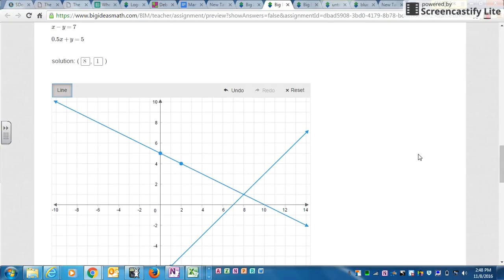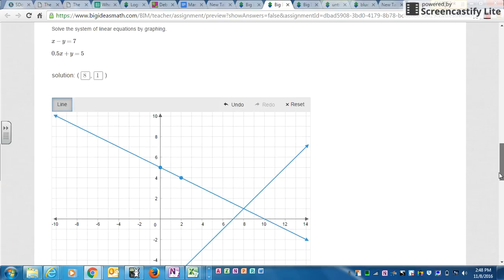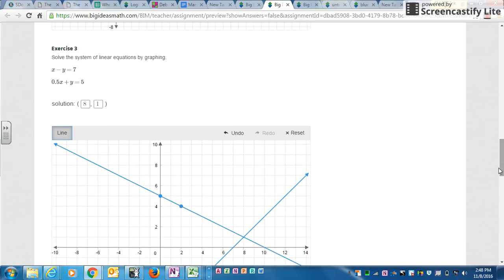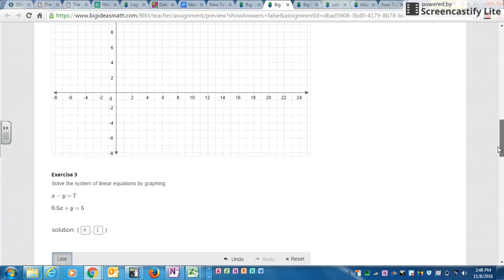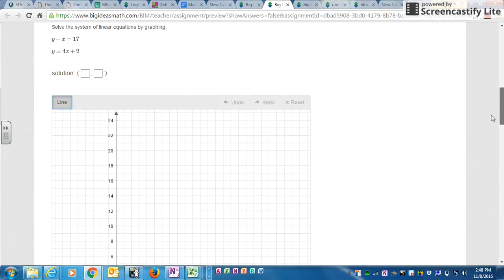Okay, so for this first problem, the answer is (8, 1). And I got that by graphing both lines and by finding the point where they intersect each other. Now, the hardest part potentially was the actual algebra, and that's when I rearranged each equation into slope-intercept form before I could graph it. So I think you have 5 other questions on here.